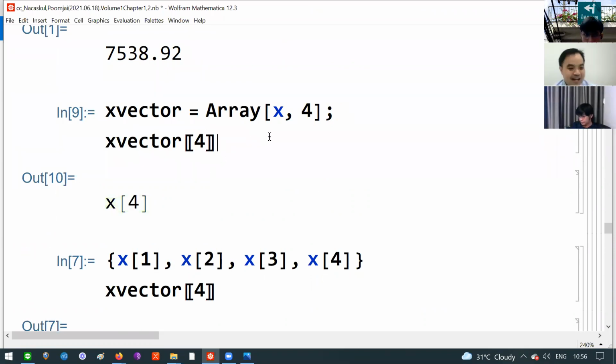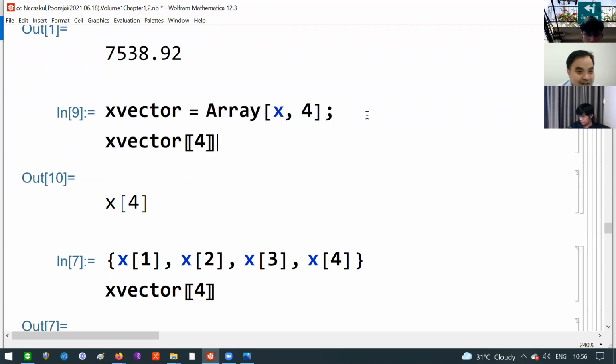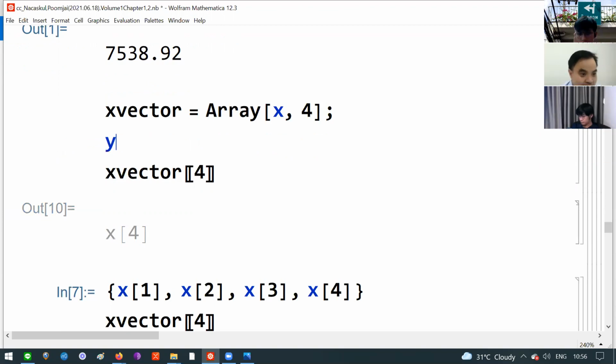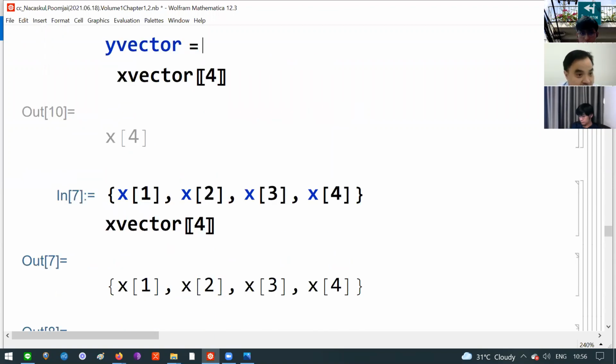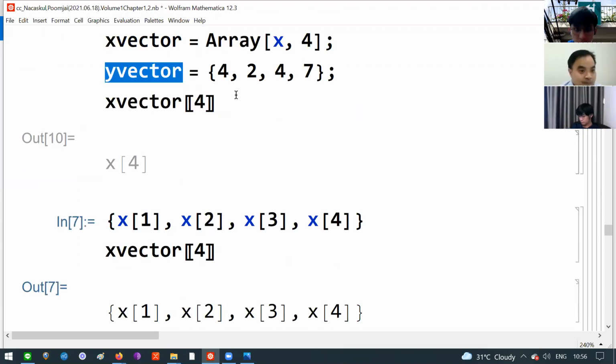Okay, so let me do that again. So let's say if x is a vector like this, now let's say y vector is equal, now I'm going to give it the real numbers 3, 4, 1, 7. And I do the same thing here.